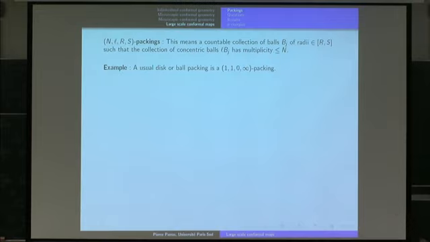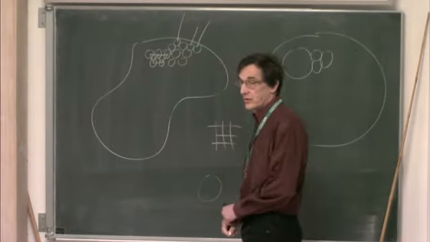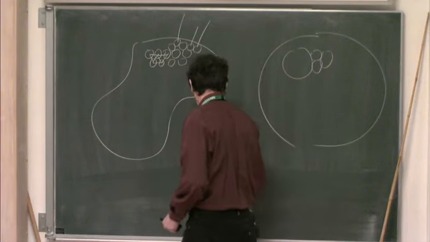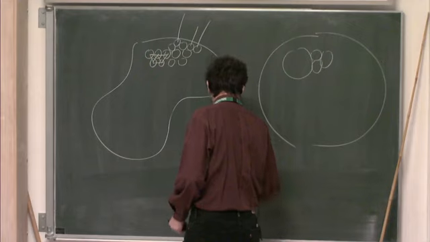R and S are bounds on the radii of the balls involved in the packing. Now L is a scaling parameter. I want to require that not only the balls in the collection are disjoint, but slightly larger concentric balls are also disjoint.